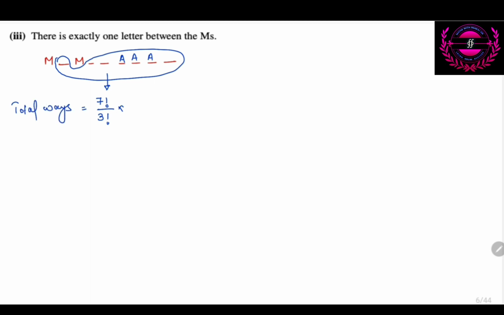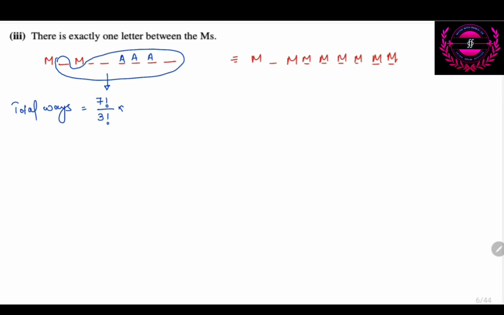Into, now these M's can take 7 places. Out of 9 positions, this M can take how many places? 1, 2, 3, 4, 5, 6, 7.